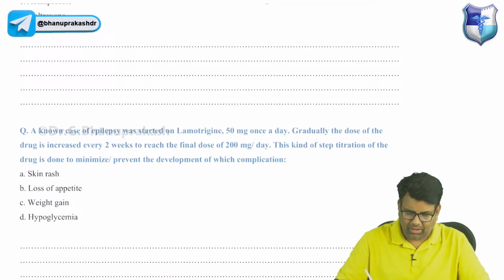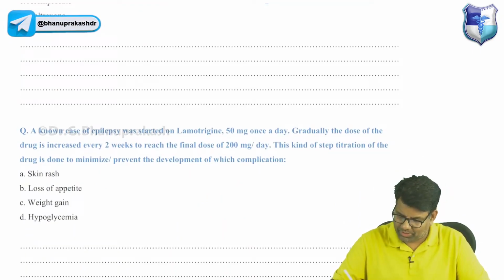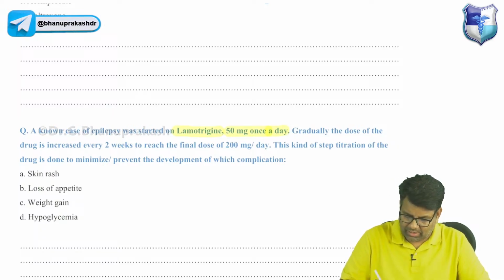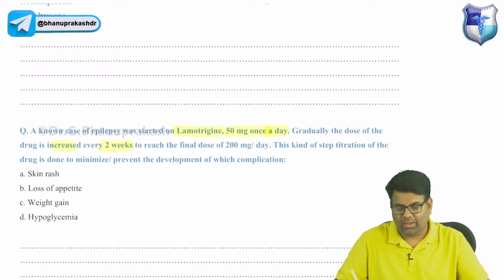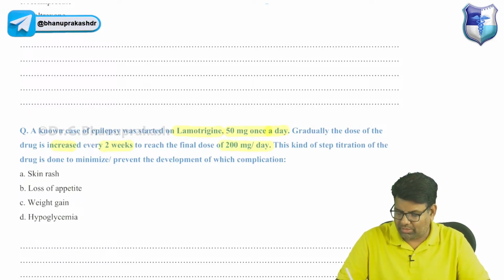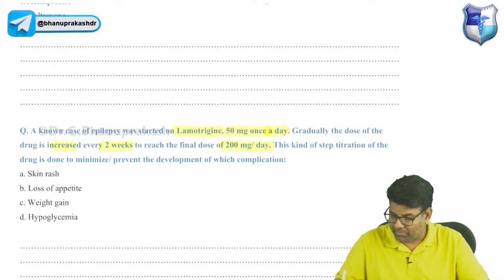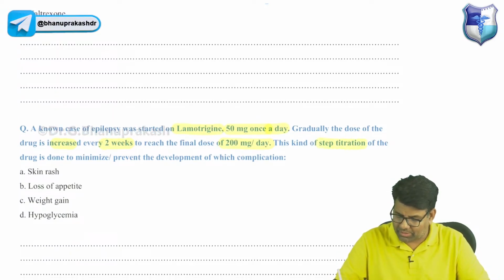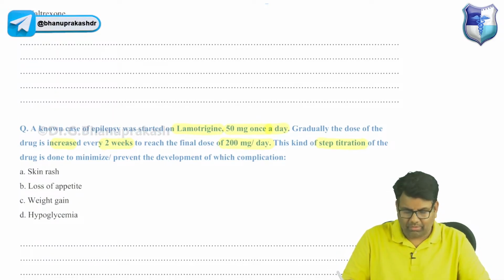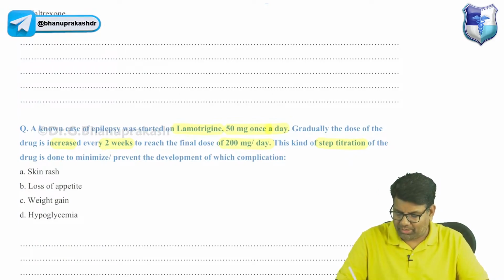Next question. A known case of epilepsy was started on lamotrigine, and the drug was 50 milligram once a day, and this is increased every 2 weeks, and finally the desired dose of 200 milligram per day was achieved. Now this kind of step titration, why is it being done for lamotrigine?